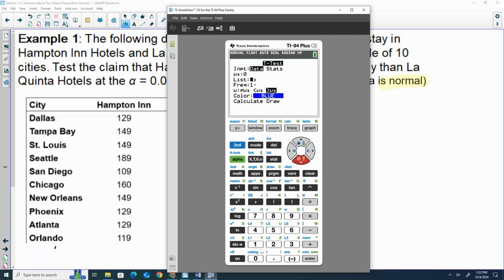Your list should be set at L3. Everything we've done before is L1 because we only had one list, so you do need to change this L1 to an L3. If you just do second number 3, that would change it. Frequency should be set at 1. We are testing not equal.